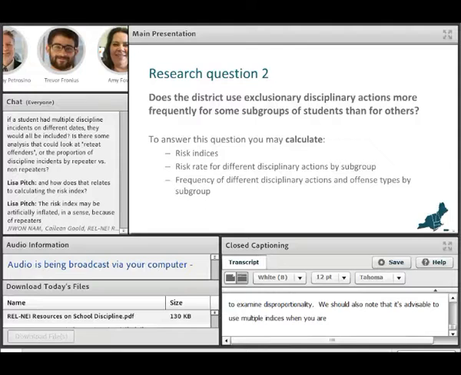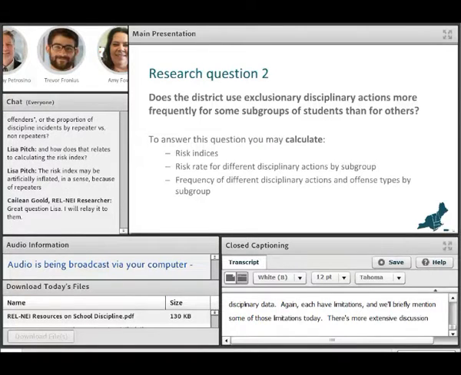Again, each has limitations, and we'll briefly mention some of those limitations today. There's a more extensive discussion of those limitations and also benefits in the report, so I'd refer you there. But it's important to keep this in mind because under certain data conditions, only using one index could lead to a misinterpretation of the results.